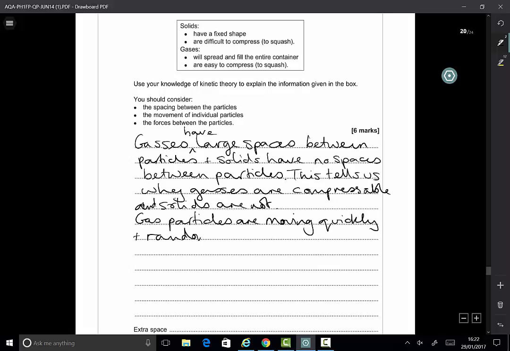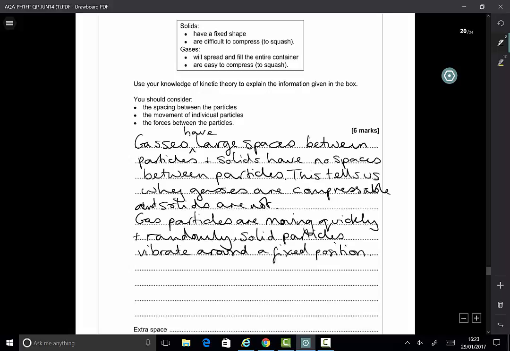Solid particles, well, they are moving, but they stay in a fixed position, so they're vibrating around a fixed position.